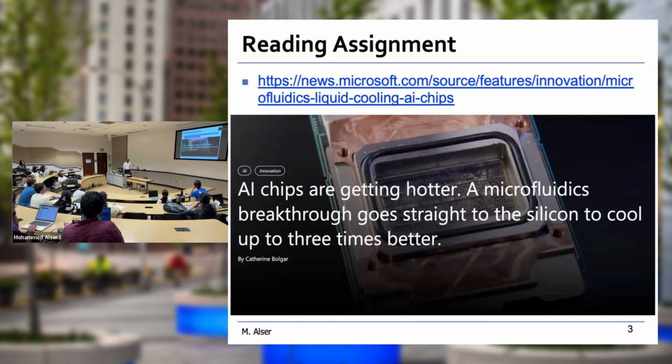This is something we haven't seen before, something fundamentally different in the sense that the cooling liquid is injected between the transistors themselves. It's not isolated. It's not a fan on top of the CPU as we see traditionally in those computers. So it might be really interesting to check out the link, go through the material, try to understand what's happening, and maybe you'll do some research about it.